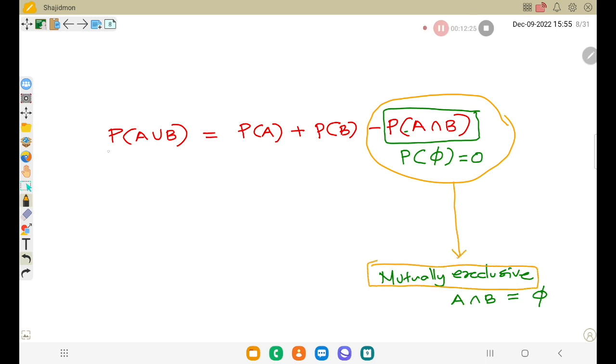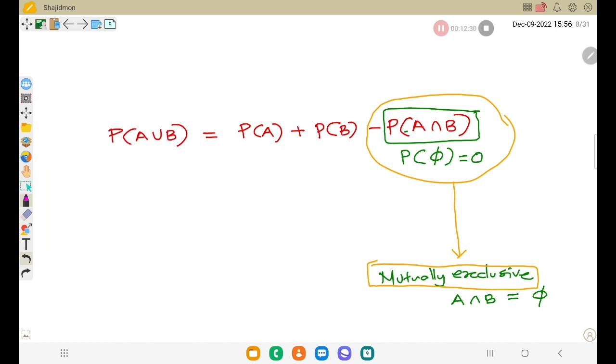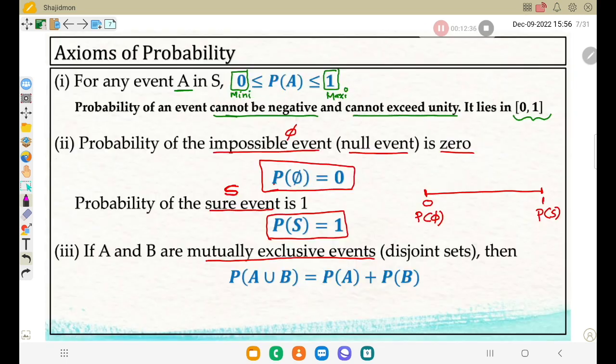So in that case, how can we write this rule? We can write the rule as the probability of A union B equals the probability of A plus the probability of B, correct? That is the third axiom. A and B are mutually exclusive events or disjoint sets. Disjoint sets means there is no intersection; the intersection is empty.